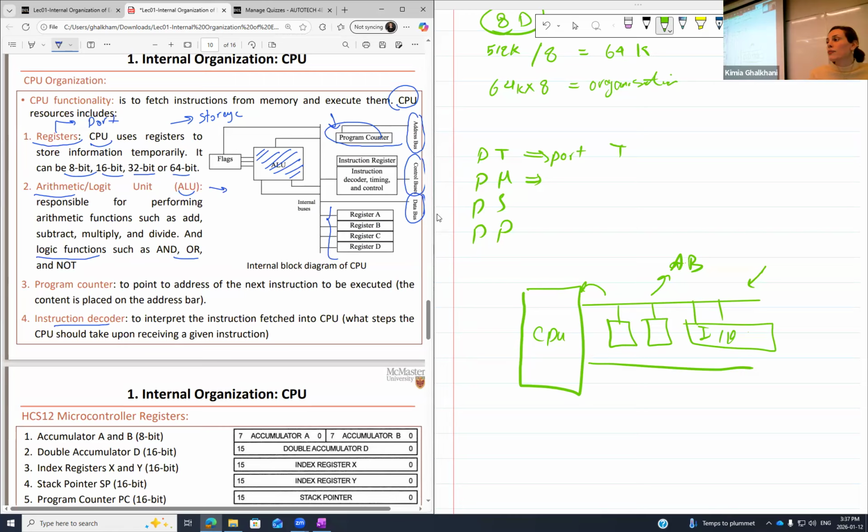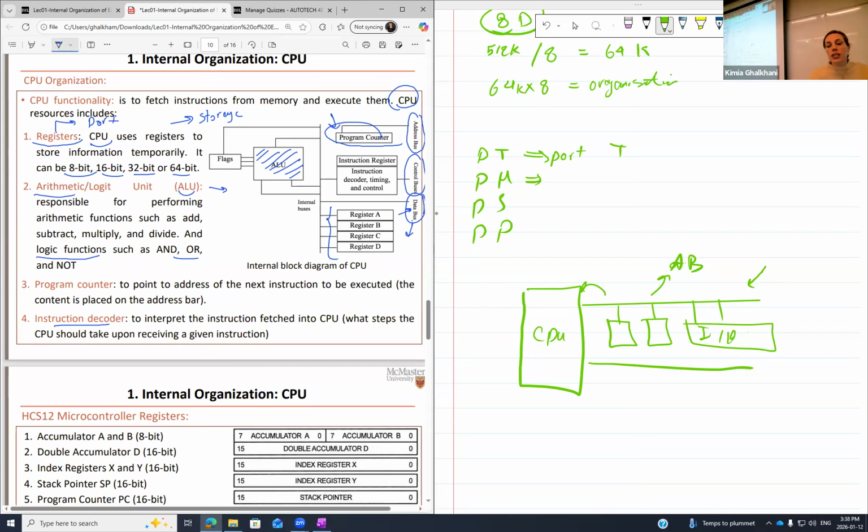Makes sense now? Why? Because the data bus is where I can say this is LCD or LED, and this can only be output. This is a switch, or this is a potentiometer, and this can only be input. Data bus is in charge of detecting whether I'm having an input or output, or a device which could be both input and output. That's why all my registers are supposed to communicate with the CPU through the data bus.